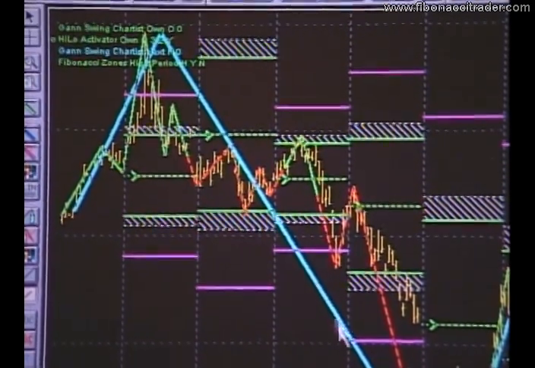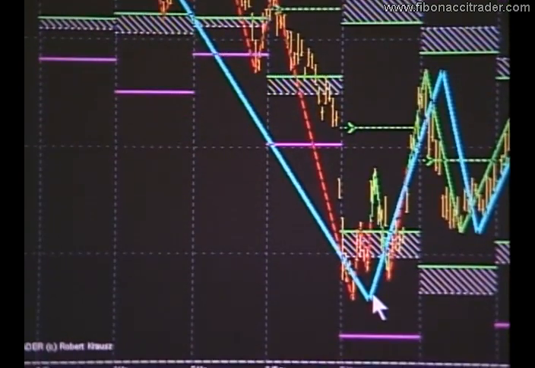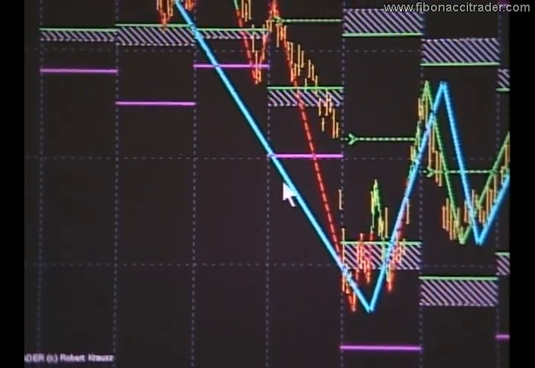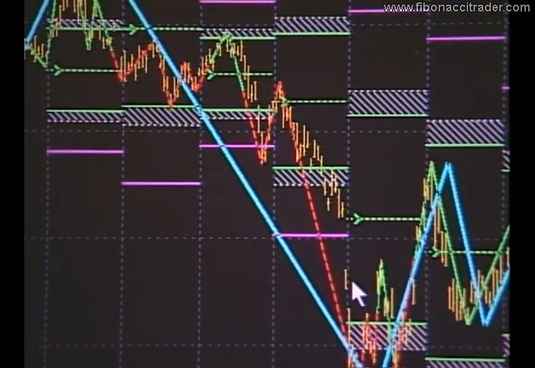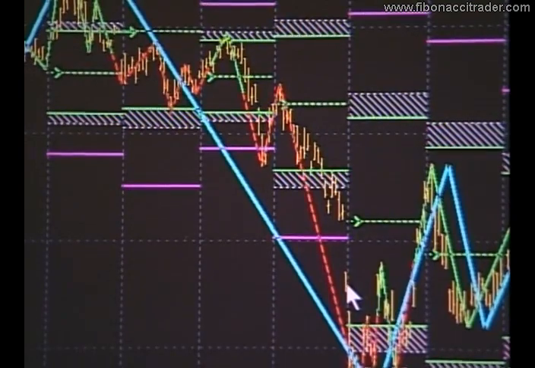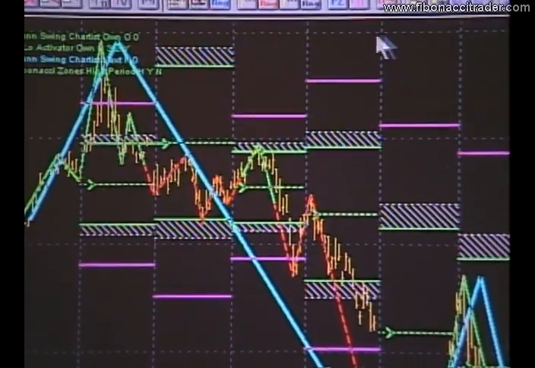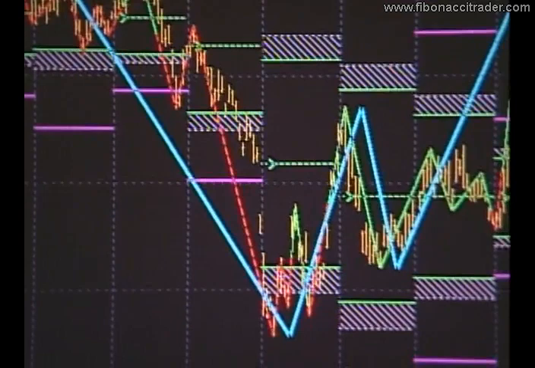This is the weekly. This is the weekly Gann swing chart based on the weekly. The smaller ones in between are the daily. The real true guys who know and understand how to trade swing charts will know that this is the best place to sell, and in this vicinity is the best place to buy.